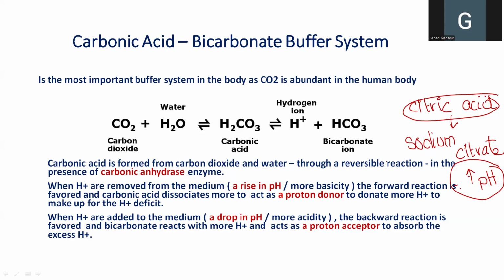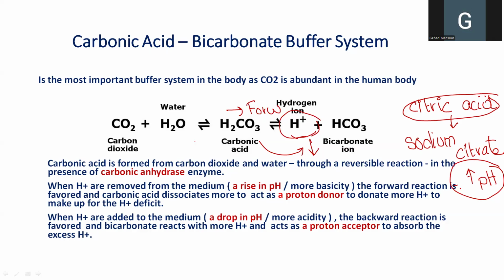So now we have more alkalinity or less acidity. It is as if the hydrogen ions were removed from the solution. So this will favor the forward reaction and favor dissociation of carbonic acid into protons and bicarbonate.